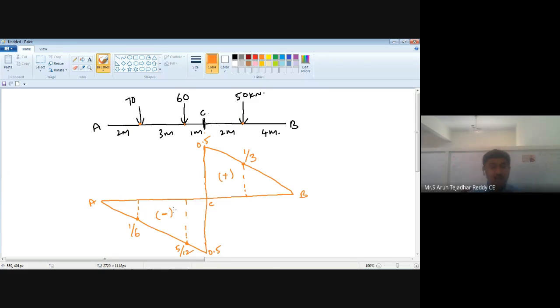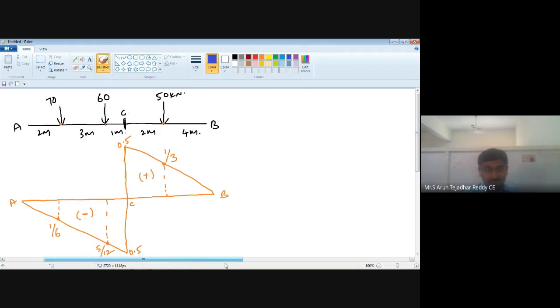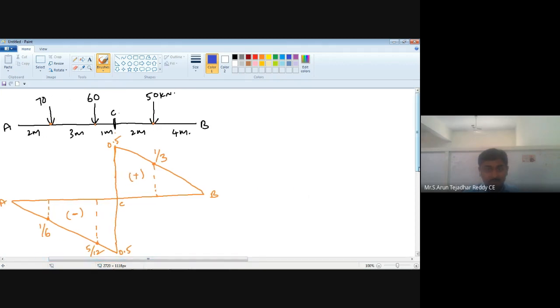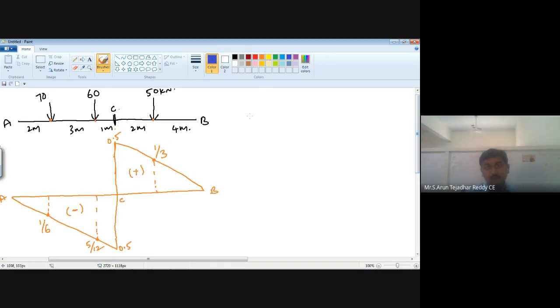Now calculate shear force at C. See, very easy. What is the formula? Load into ordinate. That's it. Load into ordinate. That is our formula.